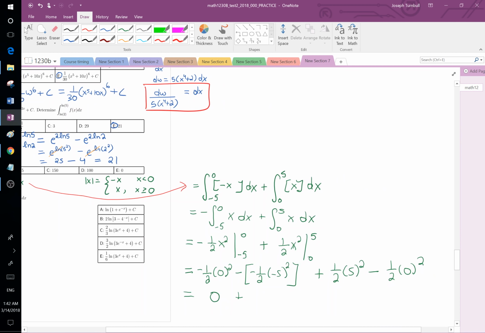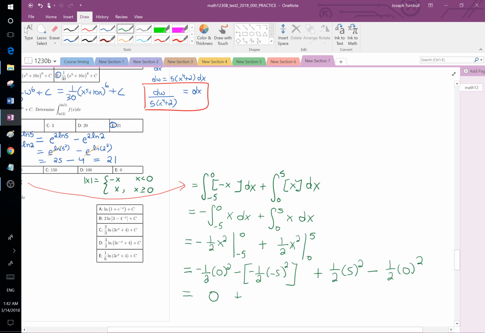Yeah, they're 5. So we got plus 25 over 2. And then plus another 25 over 2, which is 50 over 2, 25.